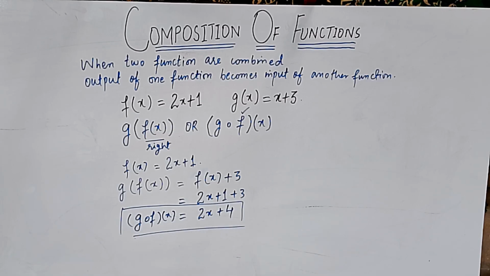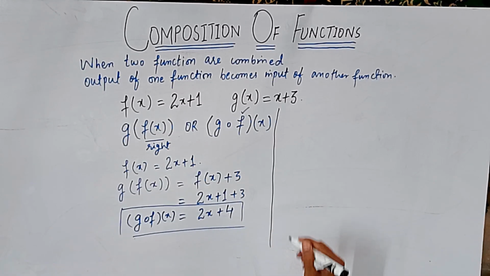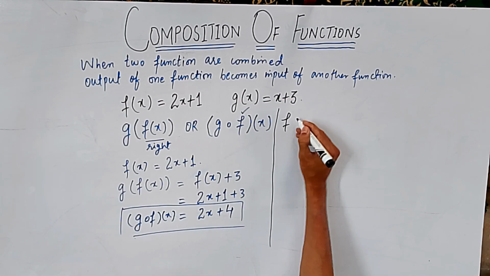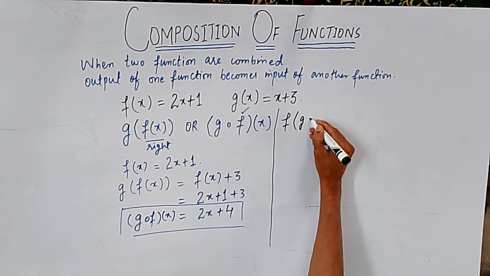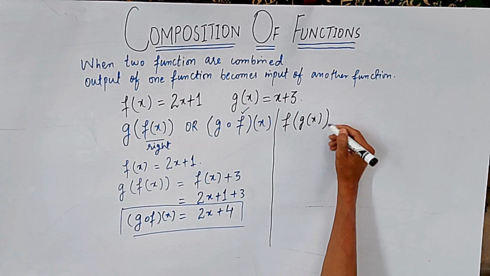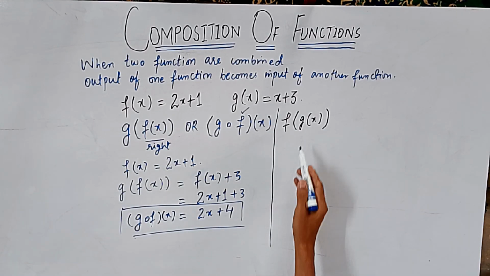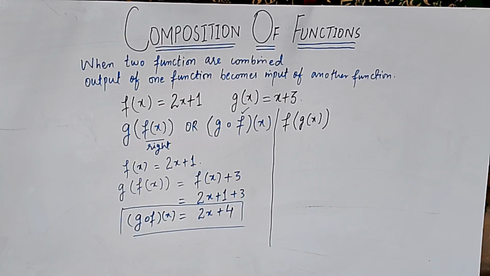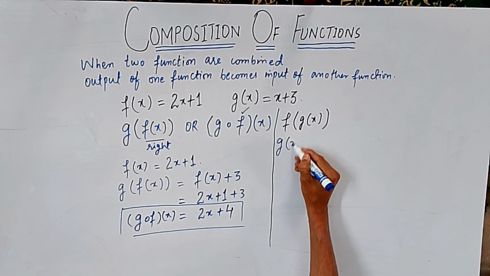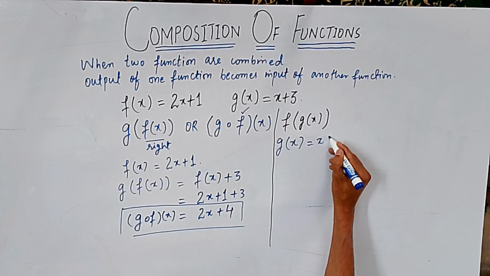But what will happen if I change the order? Let's say I am not finding gof, I am finding fog. Now the scenario will be a little bit different. In this condition, your g of x is written first, so you will also write g of x first. g of x is x plus 3.